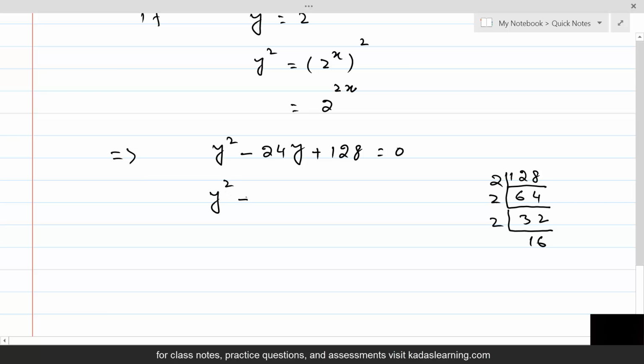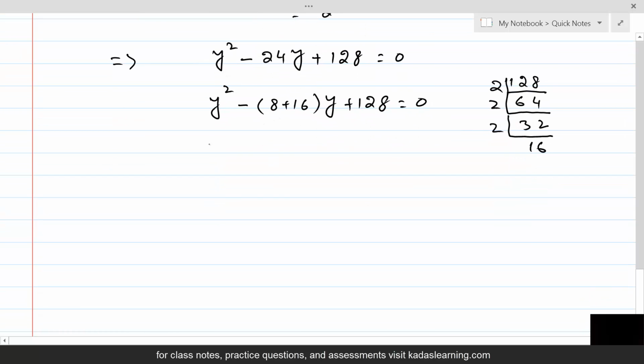So y square minus 8 plus 16 y plus 128 equal to 0, and if we further simplify it, this will give us y square minus 8y minus 16y plus 128 equal to 0.